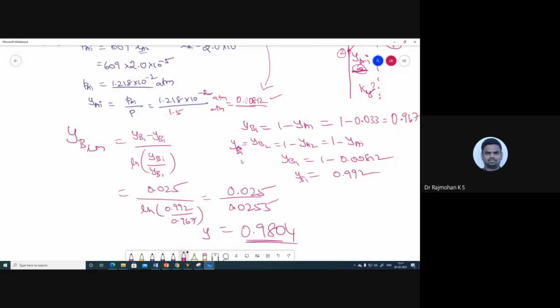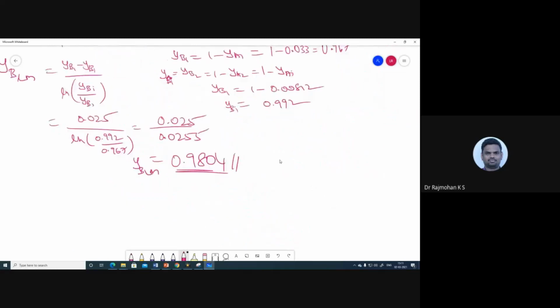That is our Yb logarithmic mean value. So how do we get to the flux equation? Flux is equal to Ky by Yb logarithmic mean into Ya1 minus Ya2. We have all the values now. What is the Ky value?